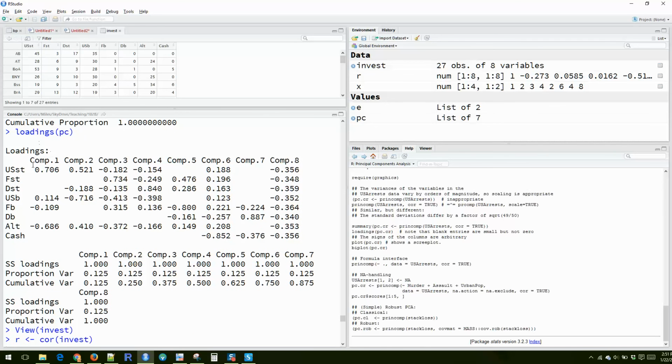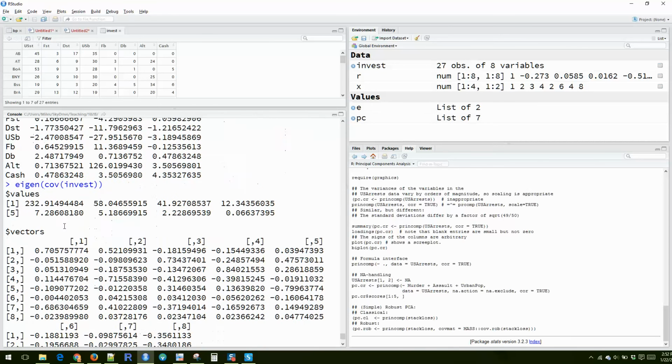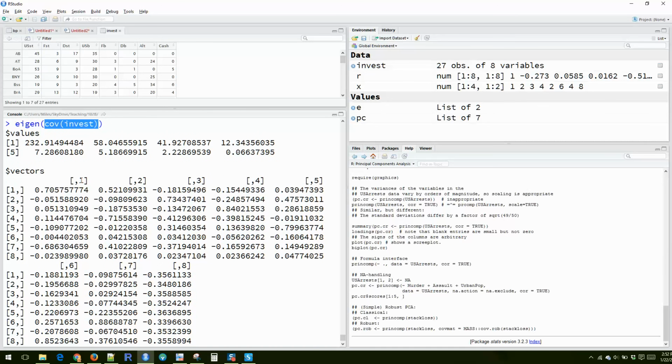You can see our loadings for component 1 says stocks is 0.706 and alternative investments is negative 0.686. If I do the eigenvalue decomposition on the covariance matrix of the investments, we can see that our first eigenvector basically gives us the same results here.